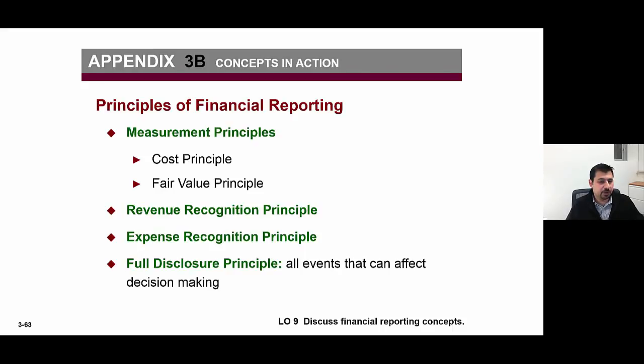However, under US GAAP, companies are required to use the cost principle, except for assets such as securities and stocks, where the fair value can be easily obtained from the stock market, for example.